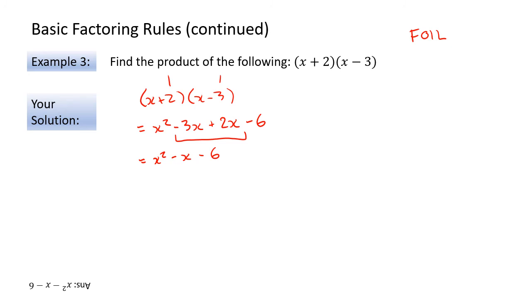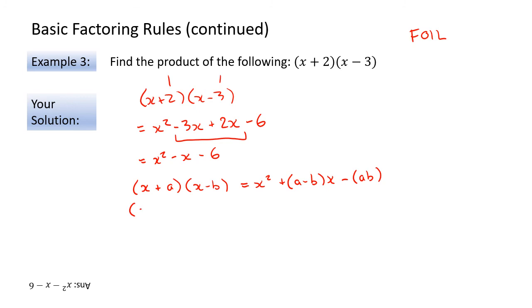So if we do it using the rules, remember, we have x plus a and x minus b. That's the same as x squared plus, in this case, a minus b x, minus a times b, the last term being the product.